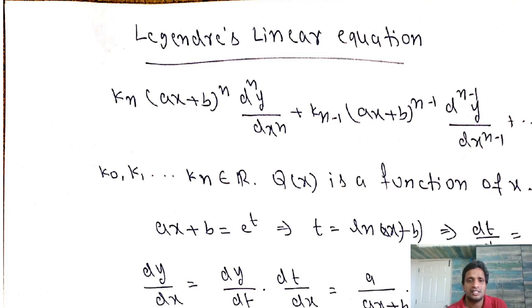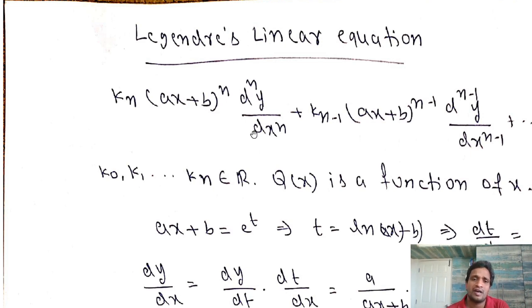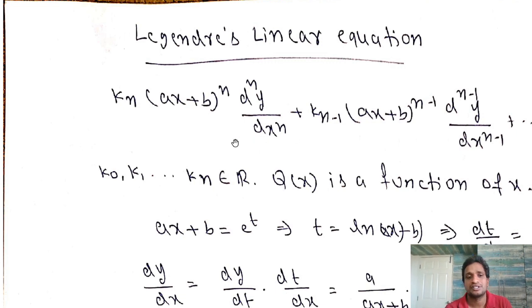Observe this equation: k_n (ax+b)^n d^n y/dx^n + k_{n-1} (ax+b)^{n-1} d^{n-1}y/dx^{n-1} + and so on, + k_0 y = Q(x). Here the k_n are real numbers and Q(x) is a function of x. This type of differential equation is called the Legendre linear differential equation. The difference between the Cauchy-Euler equation and the Legendre linear equation is this one.